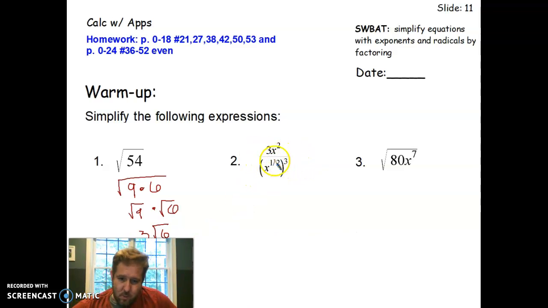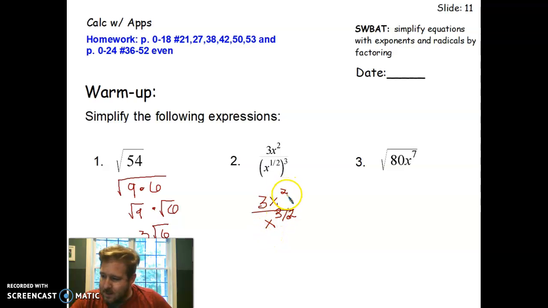All right, so for the next question, the first thing I notice is I'm going to multiply, so 3 times 1/2. If I leave 3x squared on top, 1/2 times 3 makes 3/2. Now I have a variable x on top and bottom, so whenever you're dividing, quotient rule, you're always going to subtract.